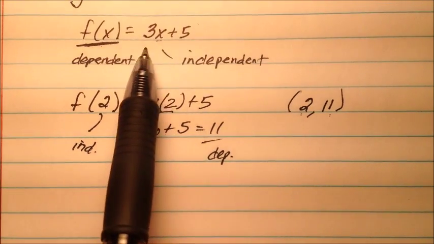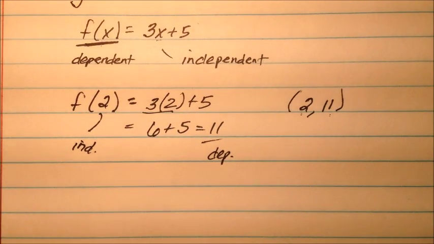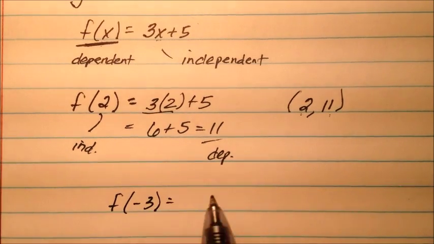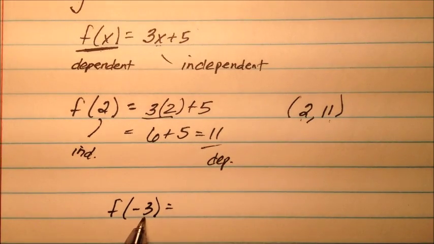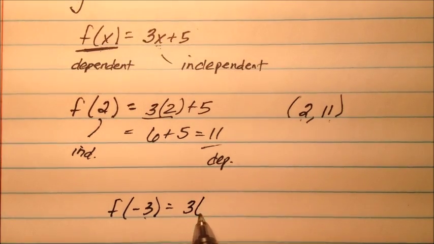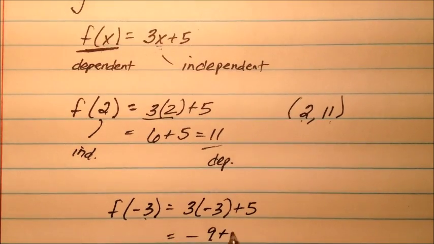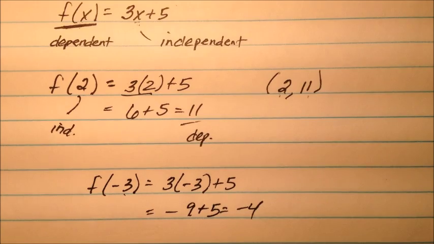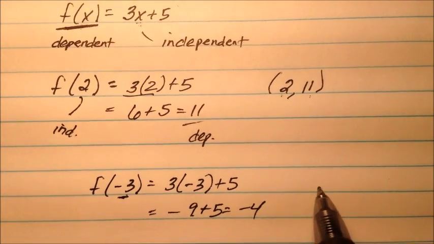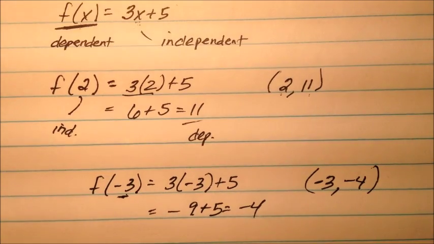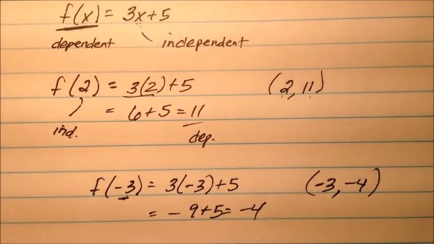Likewise, we can use the same function and substitute other values in. Let's say we have f of negative 3, which means that we're going to substitute negative 3 in for our value of x. So 3 times negative 3 and then plus 5 will be negative 9 plus 5 equals negative 4. So as an ordered pair, x was negative 3, my independent variable, and I got negative 4 from my expression when I simplified it.